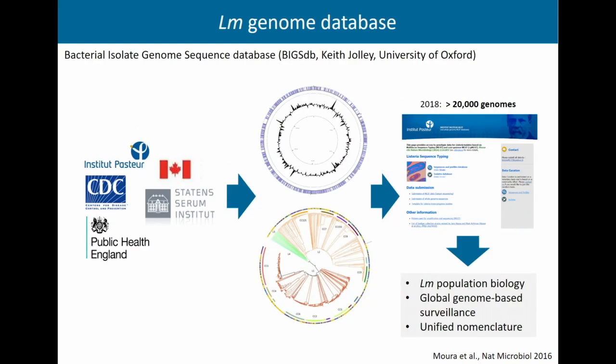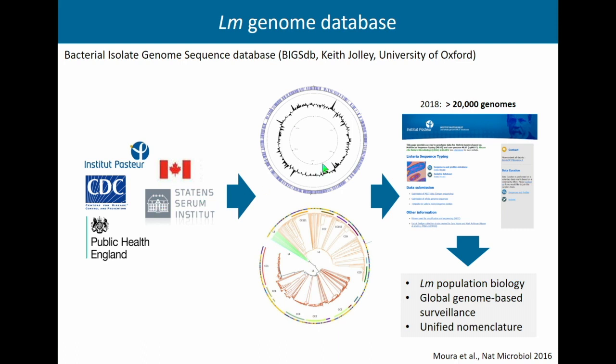So what we did was to embark on a collaboration with colleagues of other countries which are involved in the surveillance of foodborne pathogens, including Listeria monocytogenes. These are quite large countries like the US, the UK, Canada, and Denmark, for example, and ourselves in France. We sequenced and looked at the efficacy of cgMLST in typing.